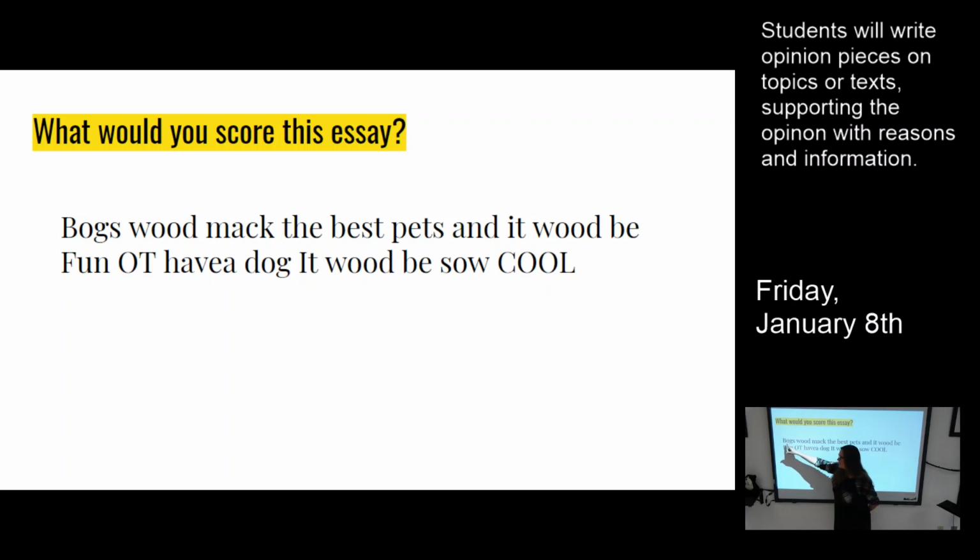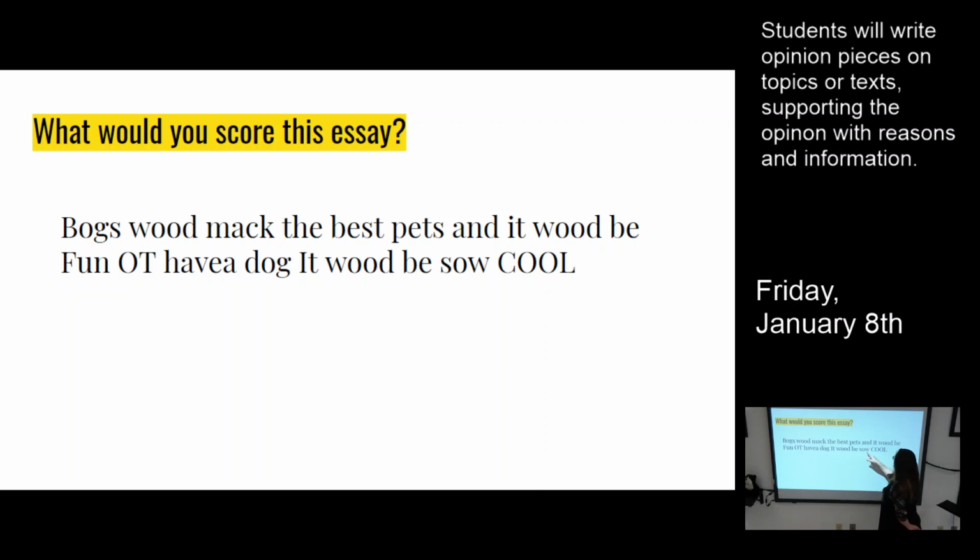"Bogs" - they probably typed a B instead of a D. "Wood" is not the right spelling; we need W-O-U-L-D. But I'll read this as best as I can with the mistakes. "Bogs would mac the best pets, and it would be fun, O-T" - the T and the O switched around - "have a" - no space there - "dog.